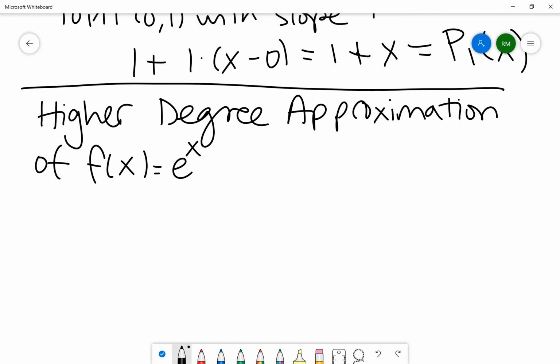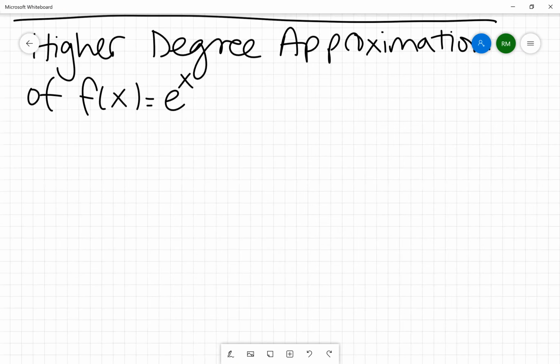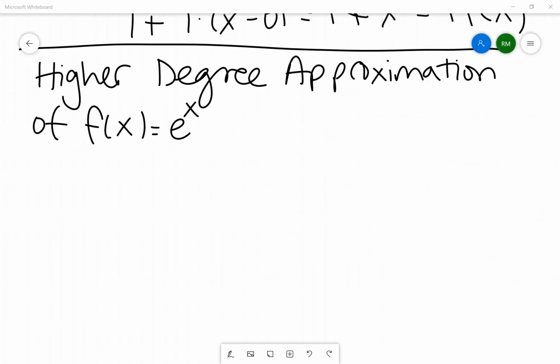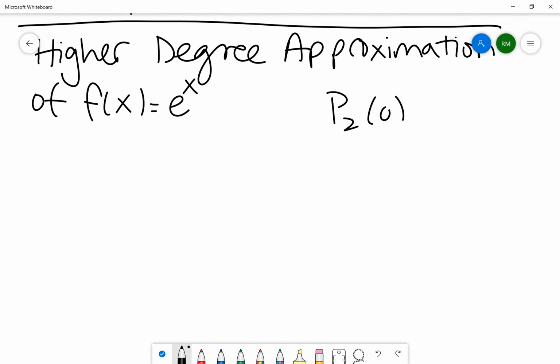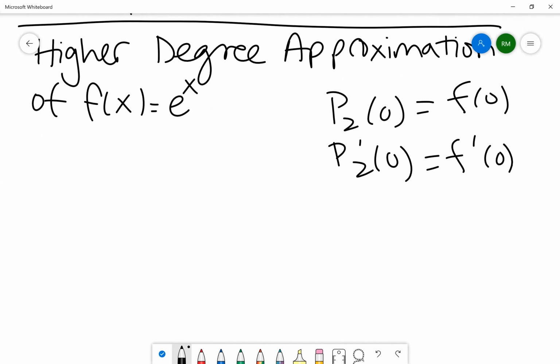All right, well, what do we do? Well, first we set P2 of 0 equal to f of 0. And we set the derivative of P2 at 0 equal to the derivative of our function.